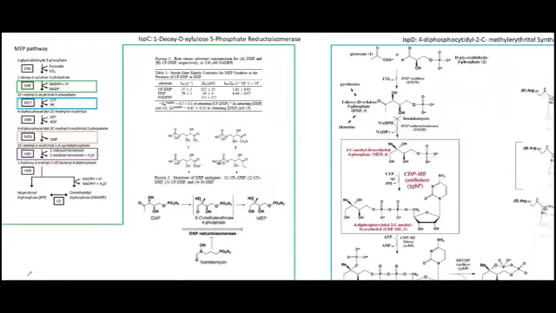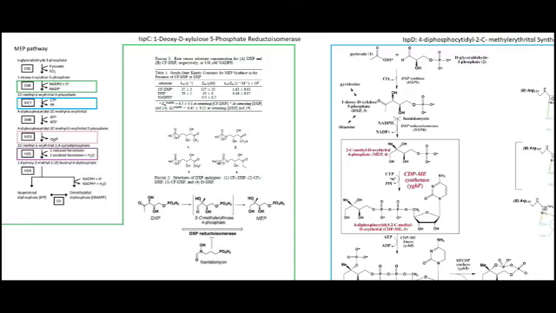This one over here doesn't have those Isp names, but I have them circled the same way, and I have the mechanisms here circled in the same color. So if we look at this DXR, which is IspC, which is also called 1-deoxy-D-xylulose 5-phosphate reductoisomerase, which is a step in this MEP pathway.